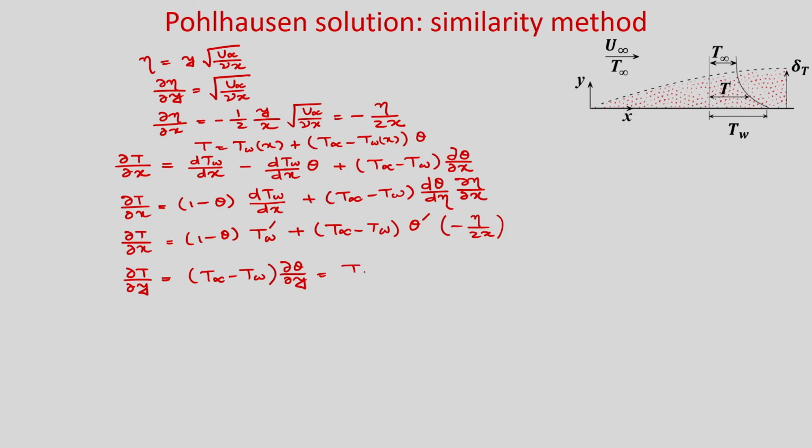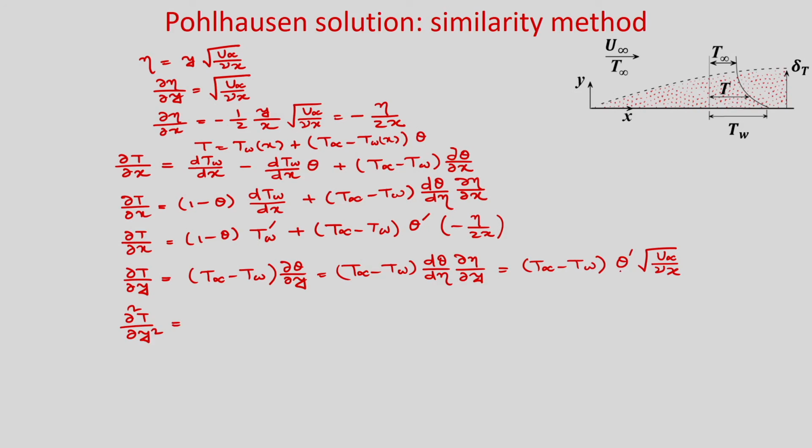Okay. So, you can write (T_infinity minus T_w) d theta by d eta into del eta by del y. Okay. So, you can see you can write (T_infinity minus T_w) theta prime, and del eta by del y is root of u_infinity by nu x, and del 2 T by del y square.